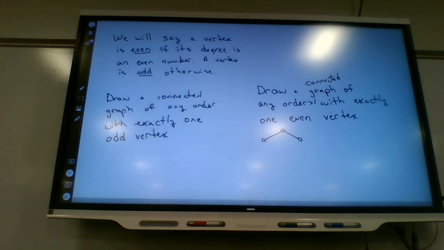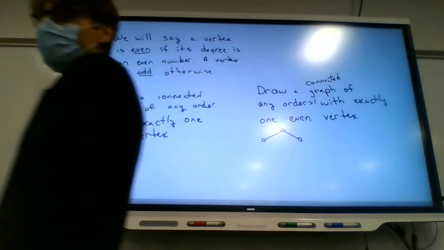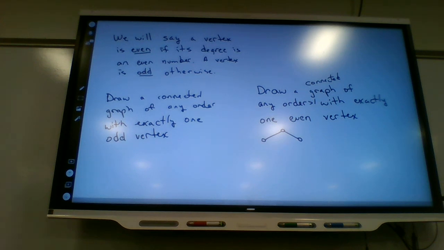So what's the degree of that vertex? Wait, that's not good. Yeah. What is silly? Jump to the gun should be my middle name.